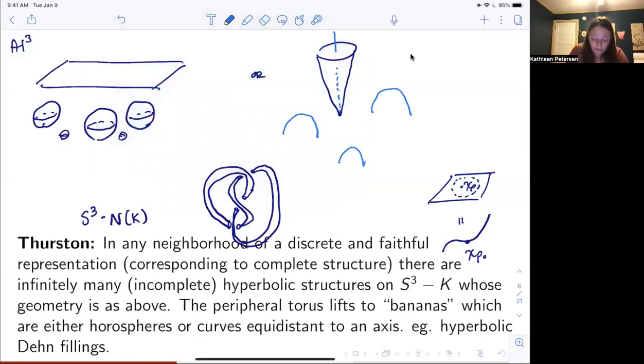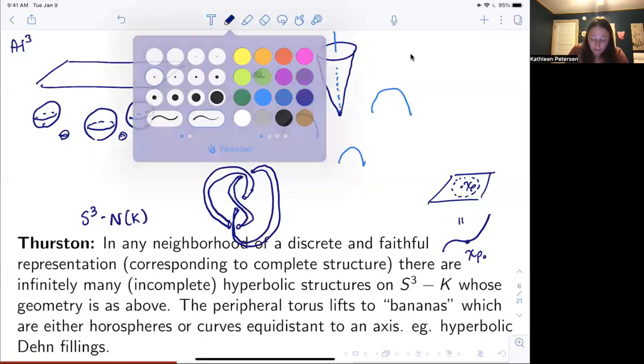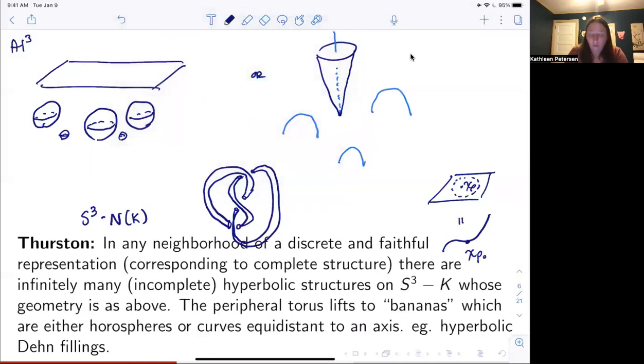So this again, the boundary torus of my knot, will lift to an infinite number of bananas. I'm just drawing a few. And here are the generic looking bananas. This is what a curve, I keep saying curve, I mean surface, of points all a fixed distance from a geodesic looks like.